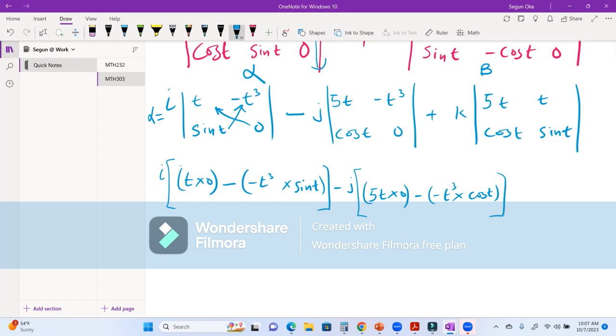Right. The last one will be plus k, which is 5 sin t, this also multiplied by this, and this also multiplied by this. It's going to be 5t.